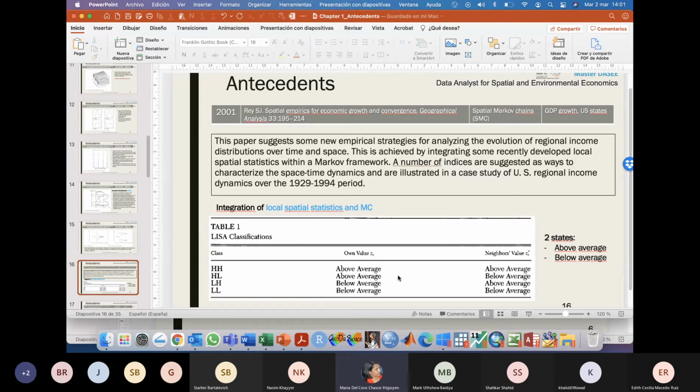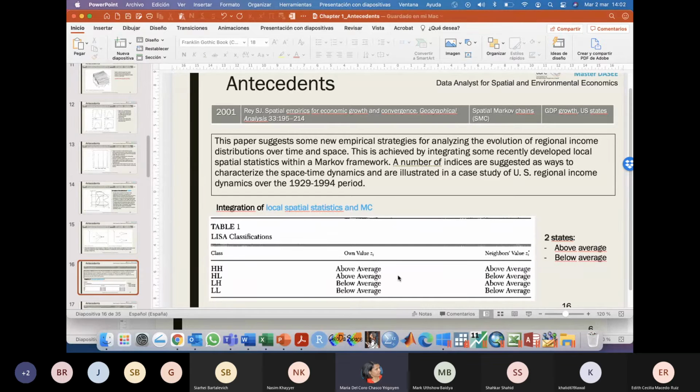Rey first sets the analysis at the regional level, inside one country, not at the country level in the world. And second, he includes a new set of indices to compute spatial autocorrelation effects that weren't computed before in QUAS papers.